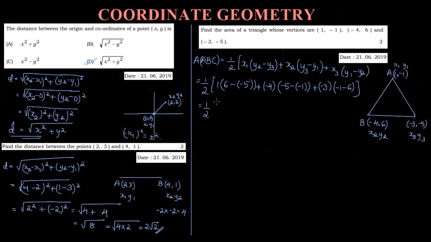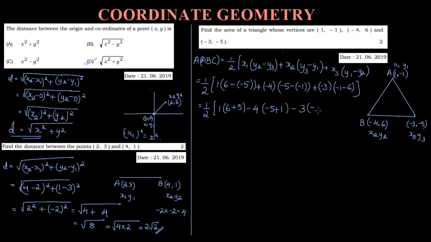Now 1 by 2, 1 into 6, minus into minus is plus, right? So we'll just write the positive sign, plus into minus minus, and here 4, then minus 5 plus minus into minus, it is plus, right? So let us substitute, plus into minus minus, then 3, and here both are having the negative sign.